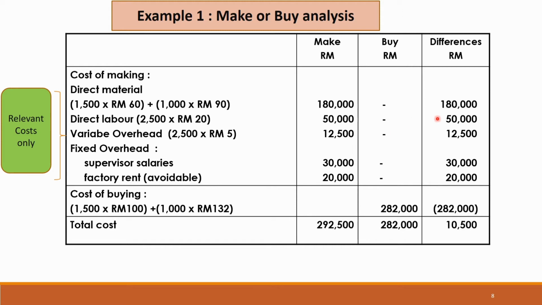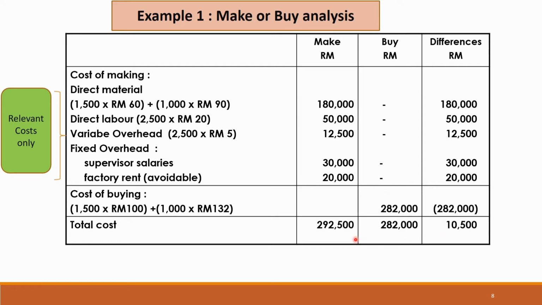So this is the difference between make or buy: 180,000, 50,000, 12,500, 30,000, 20,000. And when we compare the cost of making, 292,500, with the cost of buying, 282,000, the difference is 10,500.